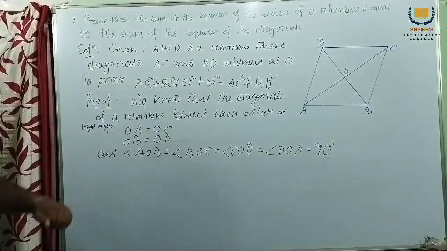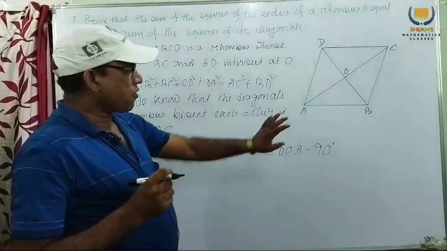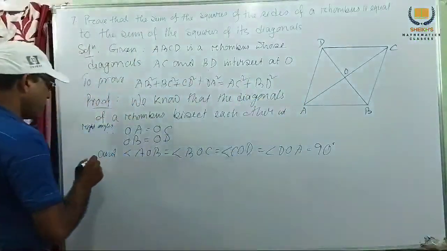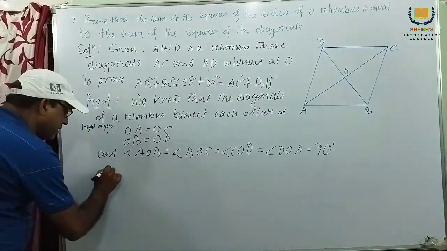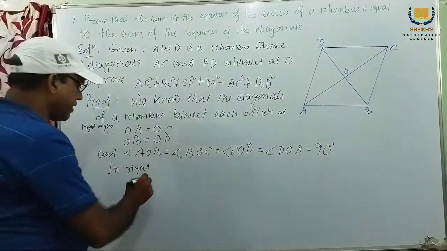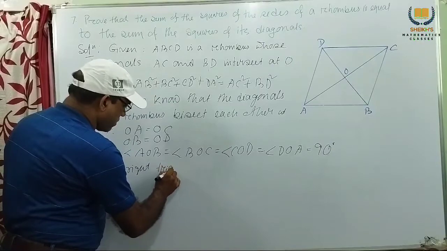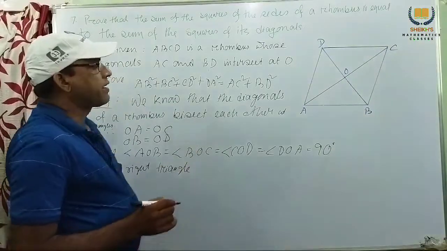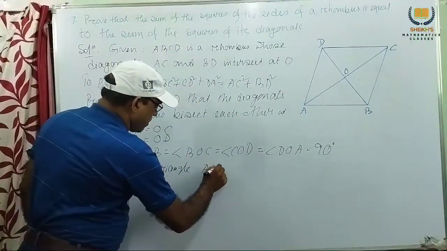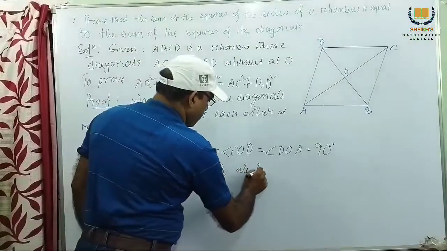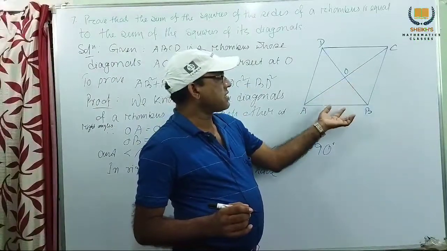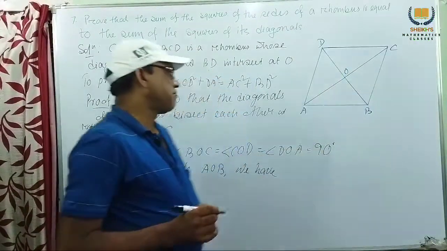Now we consider one by one these right angle triangles. In right triangle AOB we have this is 90 degrees, obviously this is the hypotenuse, and one is base, another is perpendicular.